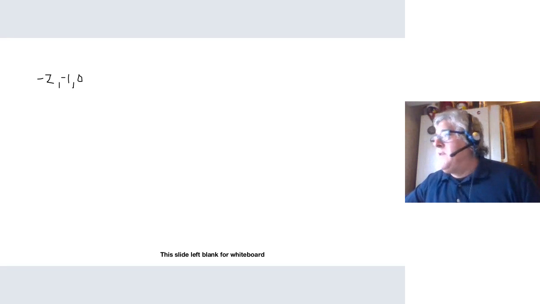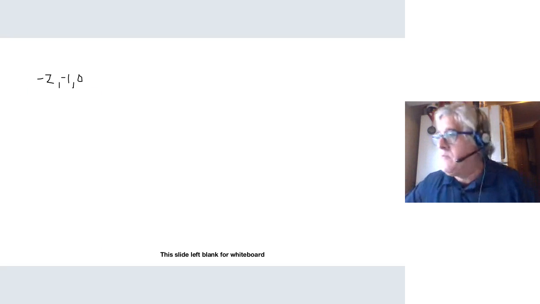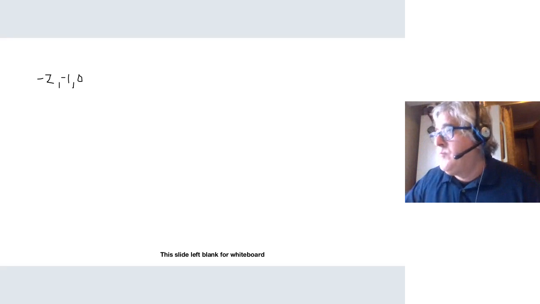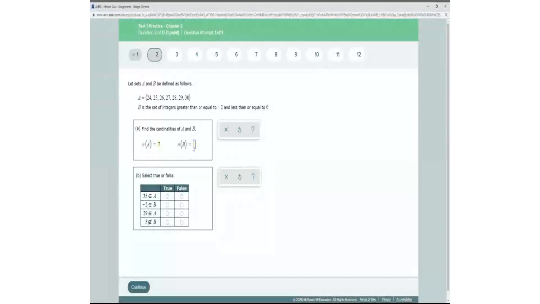And that's it. So greater than or equal to -2, and less than or equal to 0. So that one is just 3 elements in there.